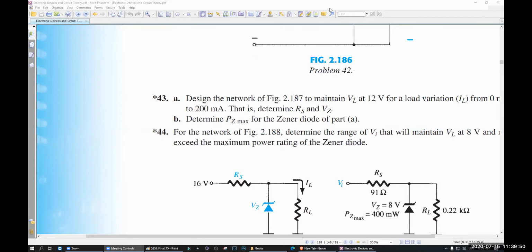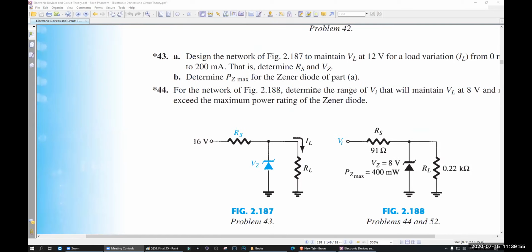Now I believe we are done with the Zener diode. I have homework for you. Do it at home and send me the screenshot on WhatsApp. Since your final term is coming, I will give you some suggestions so that you can practice at home. We have one more big topic coming, the BJT, bipolar junction transistor.